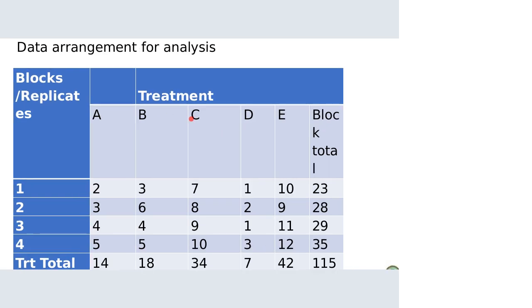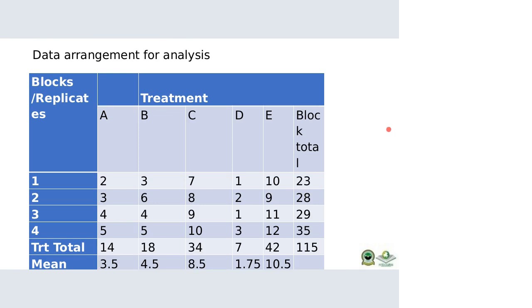Remember, during the CRD, we only considered the treatment total, where we got 14, 18, 34, 7, 14, and got their mean values.